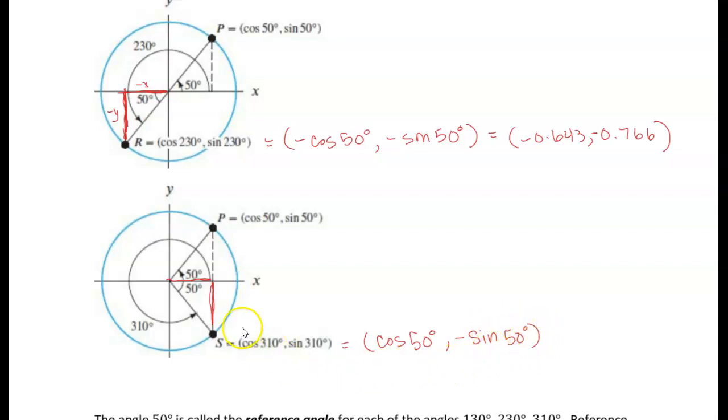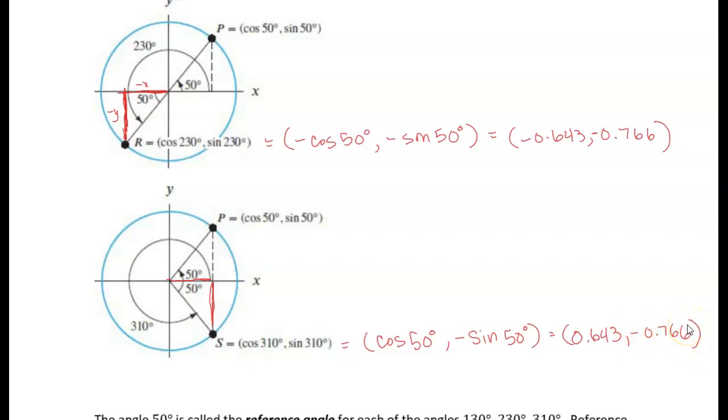Okay, because we're now in the fourth quadrant where x is positive and y is negative, right? But the magnitudes of these values are going to be the same. So we're going to have the point positive 0.643, and the y value is going to be negative 0.766.